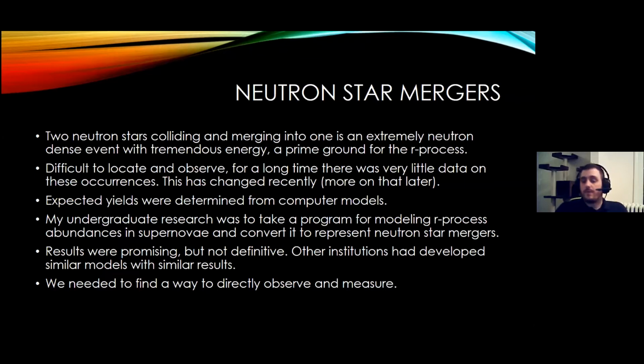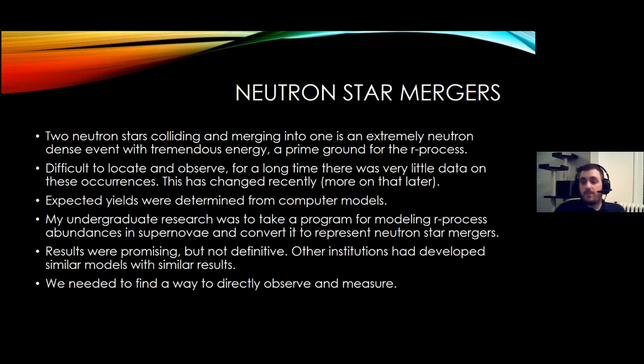And I had to use Fortran and some Python scripts to have the code, instead of taking the one single neutron density of the supernova, work with the constantly changing densities and trajectories of the neutron star mergers. Because as they collide and form one bigger, more massive neutron star, there would be different densities of free neutrons flying around. So I had to have the code change with that, making it work over time instead of just a single event.